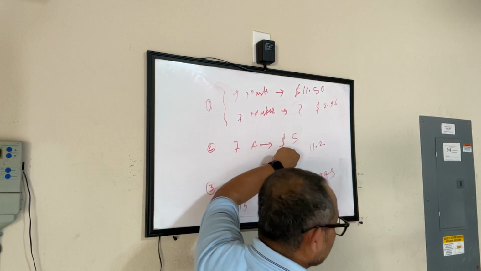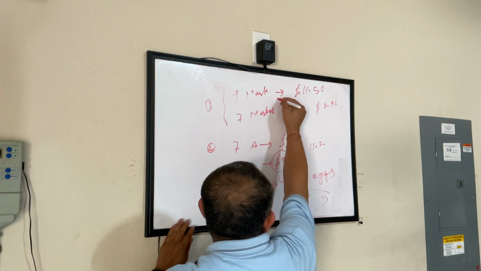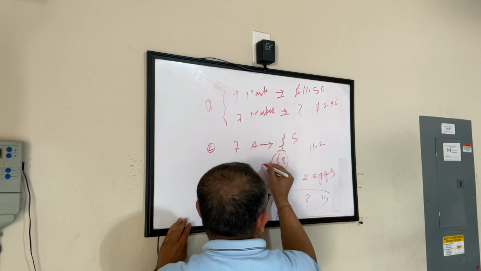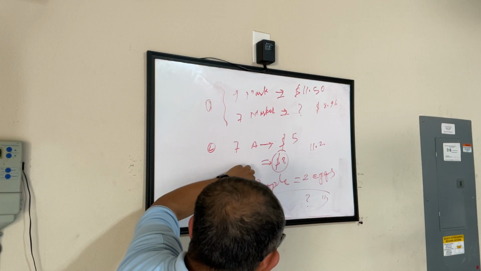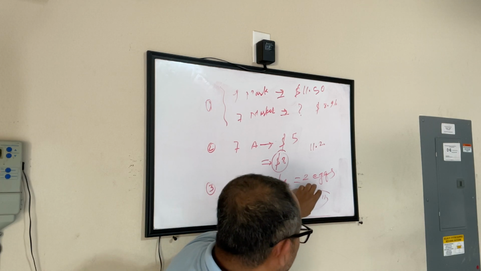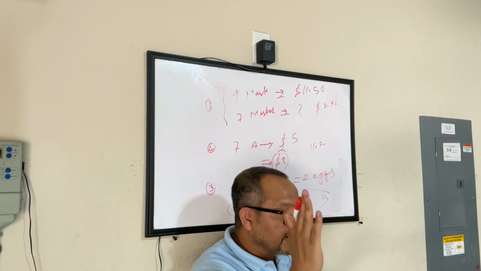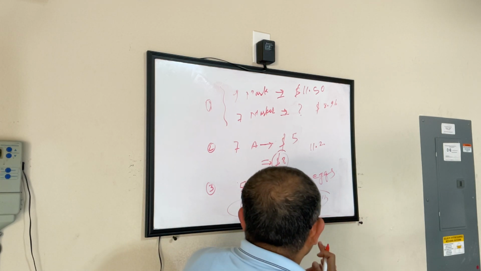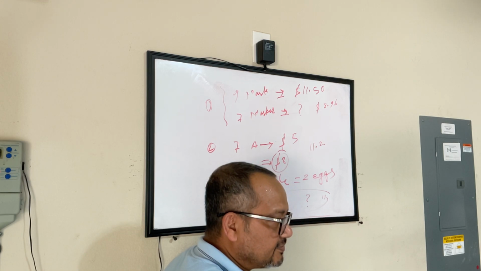Assume there is an equal to sign here somewhere. Now look at this situation: this is known, this is also known, this is known, this is not known. Remember one thing, what you have to find out will be on the right hand side.